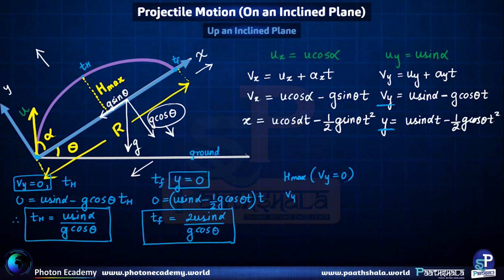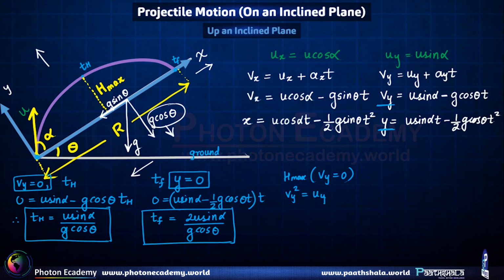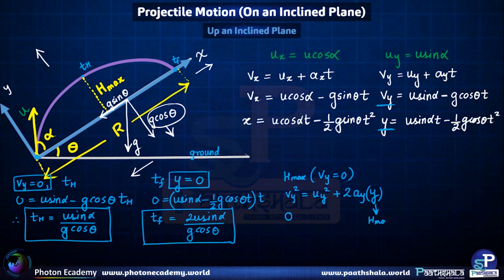Using this fact in the equation Vy square is equal to uy square plus 2 ay into y, we put Vy equal to 0, and we can substitute y as h max, and ay is the acceleration in the y direction. I'll simply note it down.